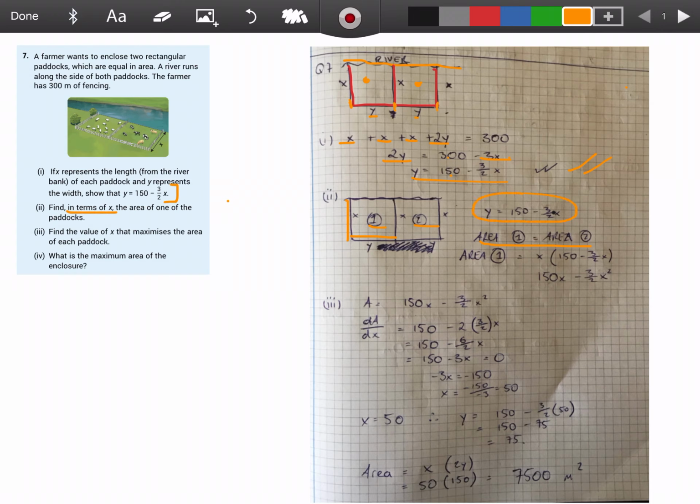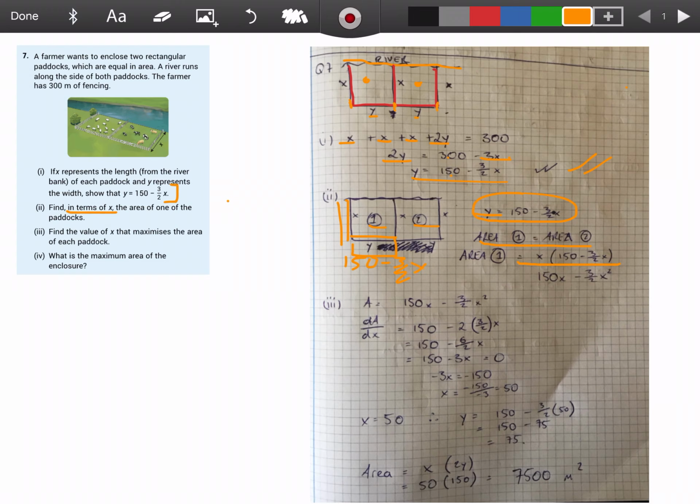Okay, so I can write, instead of y, I can write 150 minus 3 over 2x. So all I've got to do is multiply x by 150 minus 3 over 2x, because you can see this here is y. That's the same as 150 minus 3 over 2x, if you want to put it there.